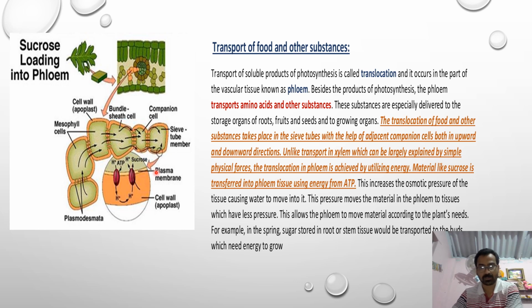This process will be repeated time and again till the last cell gets the sugar solution. So this is the mechanism by which plants transfer their sugar solution from one place to another, and that relation is a relation of source and sink that we are going to understand comprehensively in the next slide.